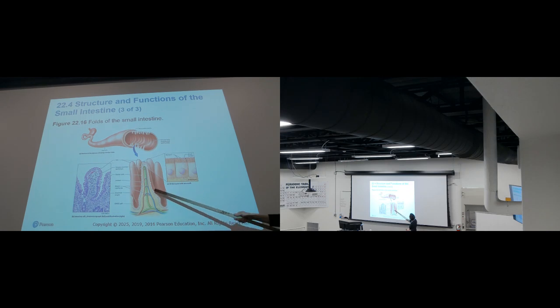And then if you magnify one of these cells, an enterocyte, you will have microvilli in these enterocytes. And in the microvilli, you have some enzymes that are called brush border enzymes.